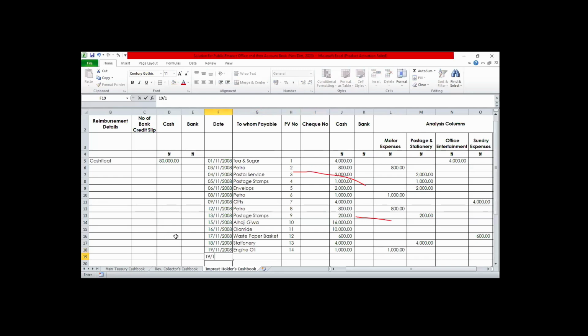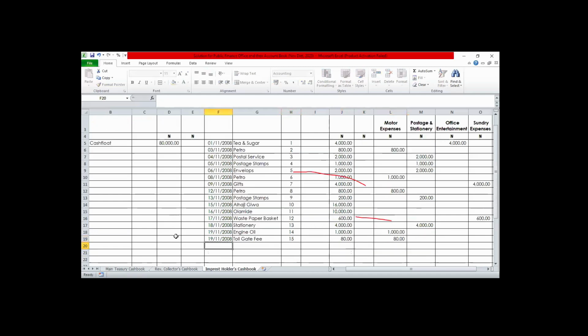How much? 80 naira. Yes, sir. That's under motor expenses.